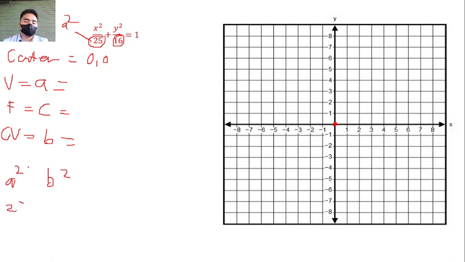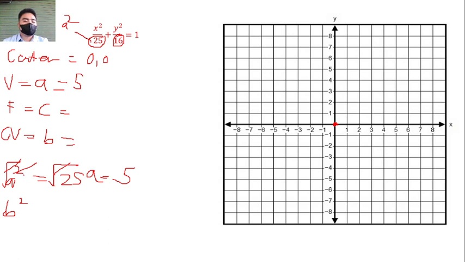Let's just put it in this manner: a squared is 25. And in order for us to get only the a, we are going to square both sides, or get the square root of both sides. So what's the square root of 25? The answer is 5. So it only says that a is equal to 5.